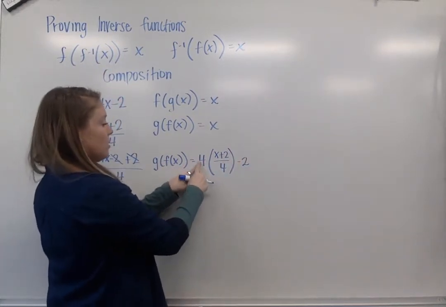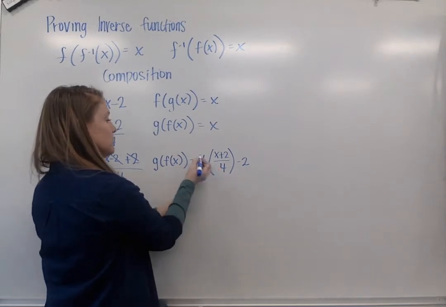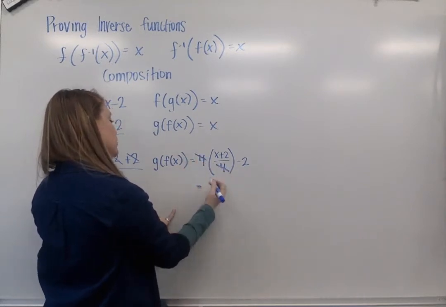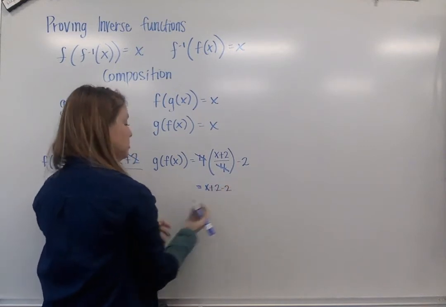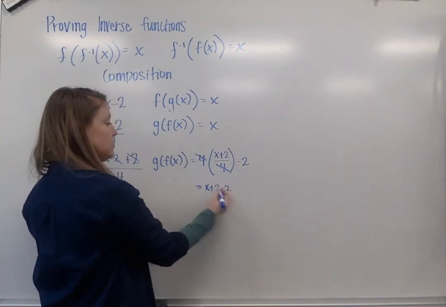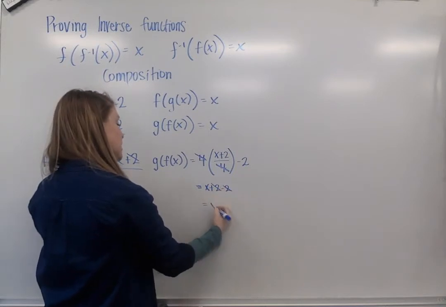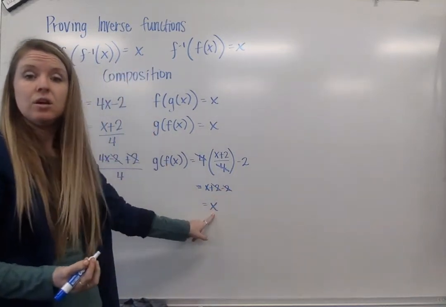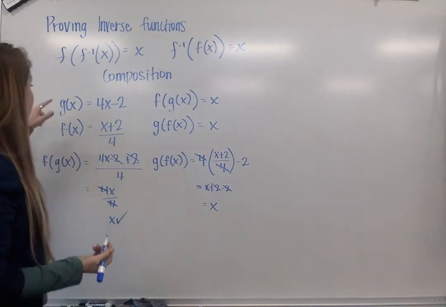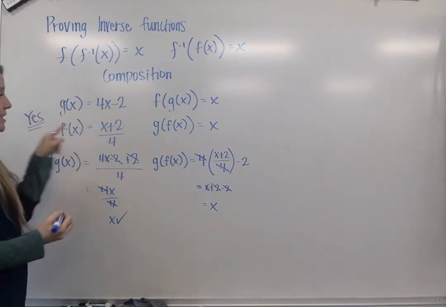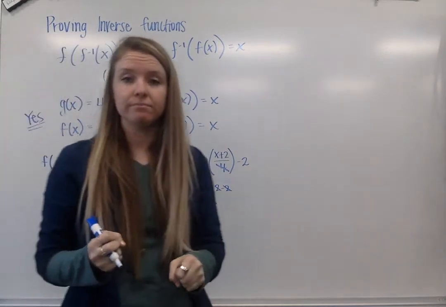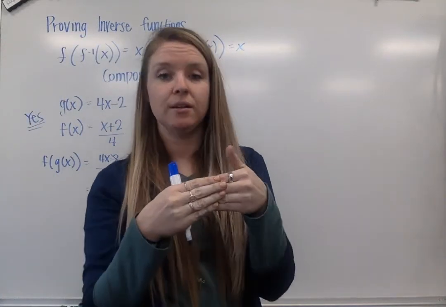So here, 4 divided by 4, that's going to cancel, reduce to 1. And then I have x plus 2 minus 2, positive 2 and negative 2, that equals 0, and that leaves me with x. So I've just shown that f of x and g of x, yes, these are inverses of each other by proving that composition.